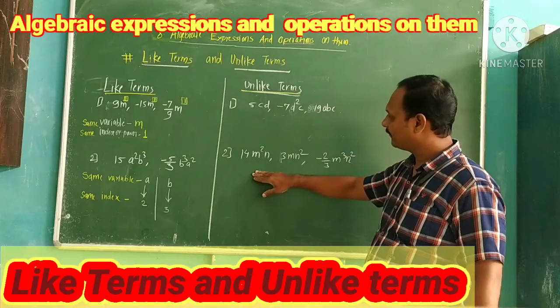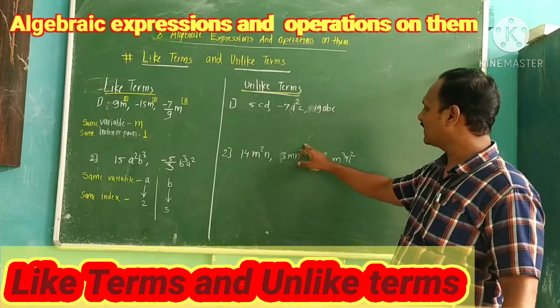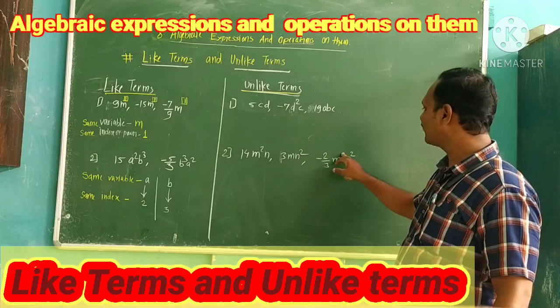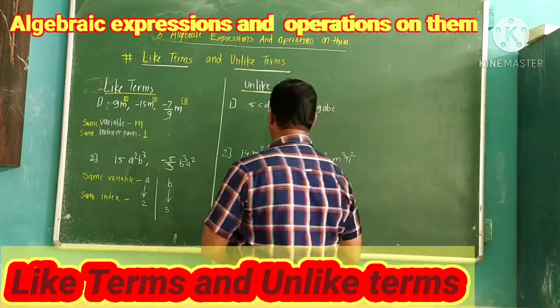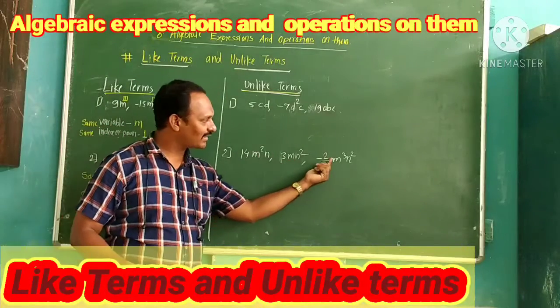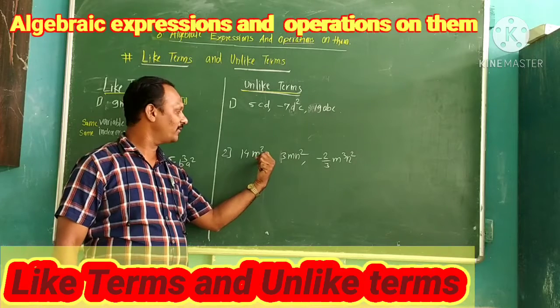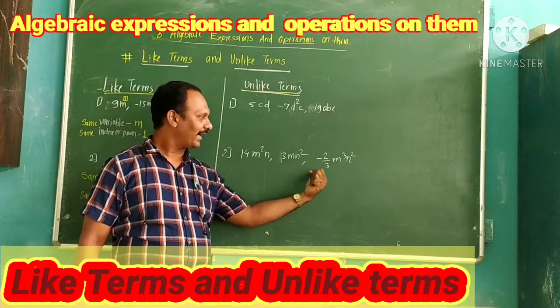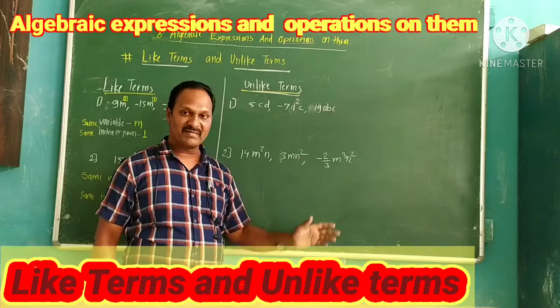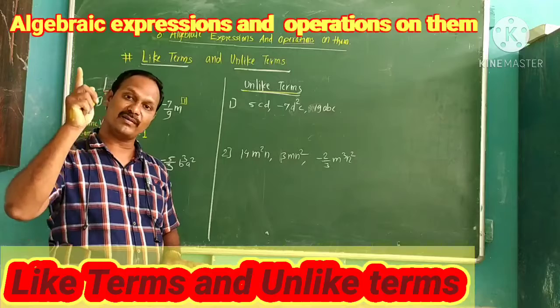The second example is 14m square, 3mn square and minus 2 upon 3m cube n square. Here the variables are the same: m in the second term, m here also, and n, the second variable, is the same here and in the last term. So the variables are the same, but our condition is that their index or power must also be the same.